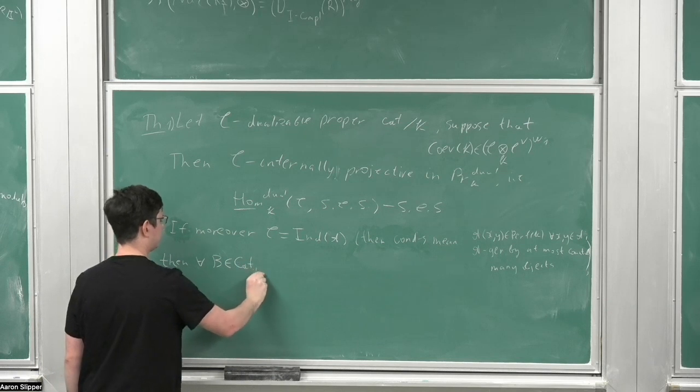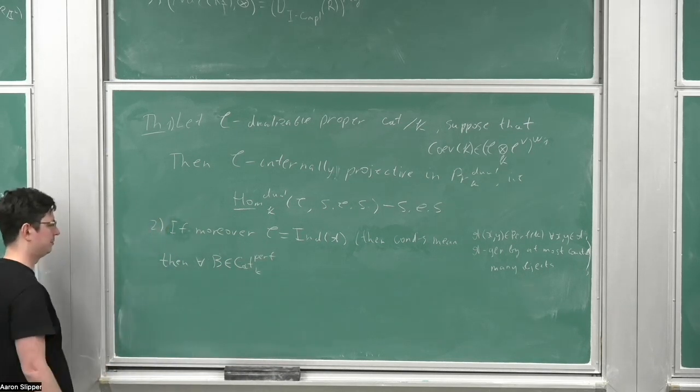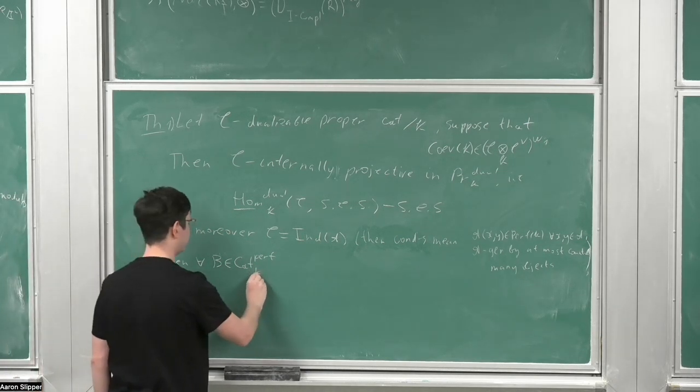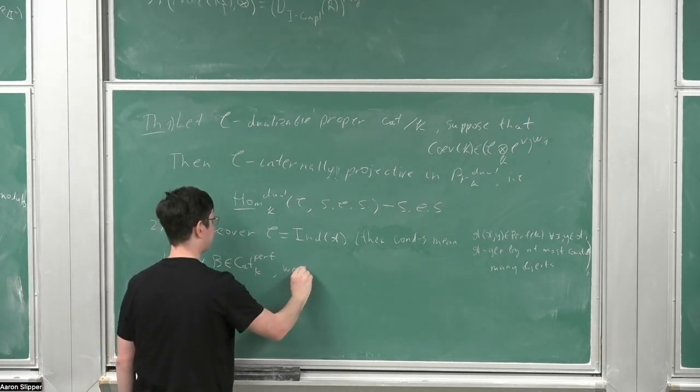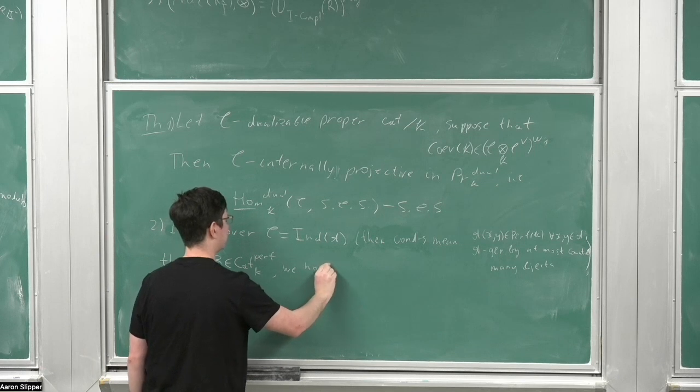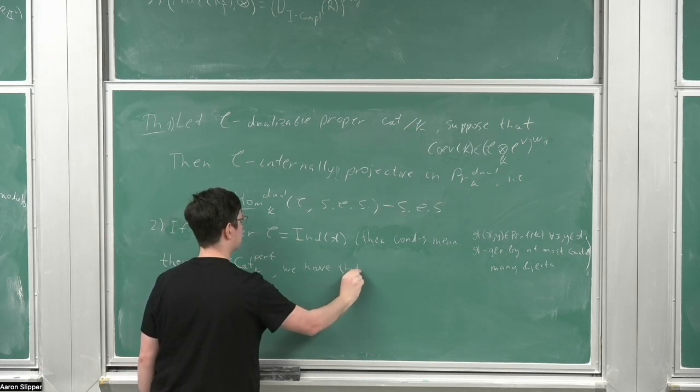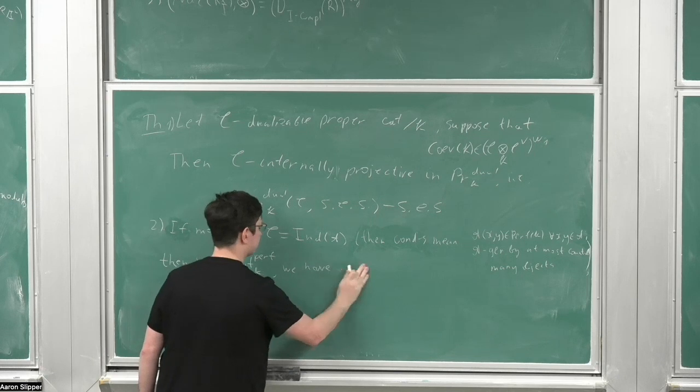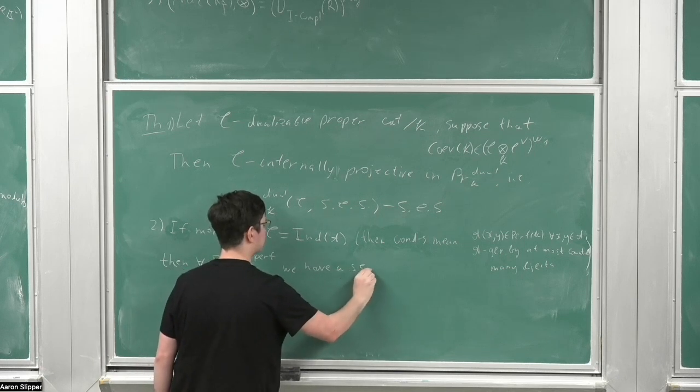that it's compactly generated, satisfying this property, then for any B, any K-linear stable infinity category B over K which is complete, we have a fiber exact sequence.